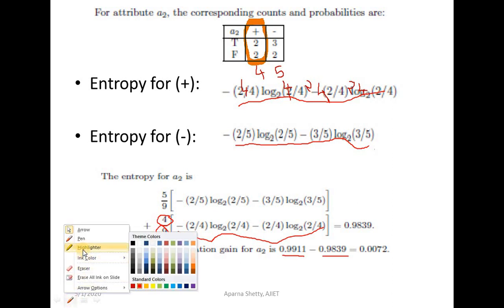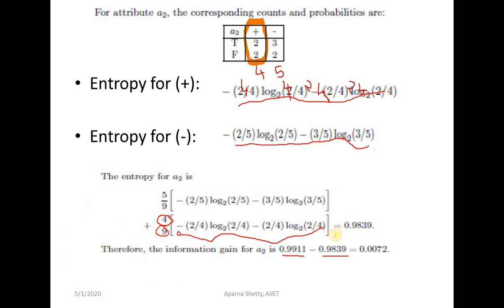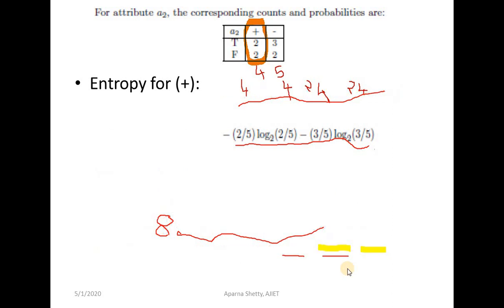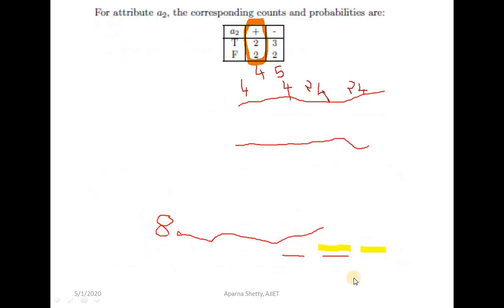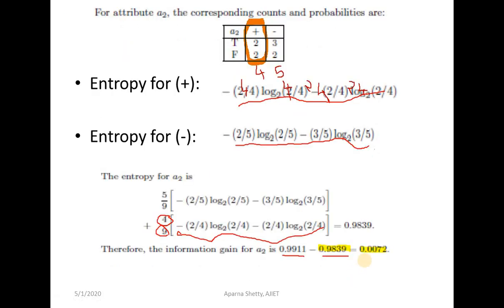So you will get 0.0072. This is the information gain with respect to A2. For A1 we got the information gain as 0.2294, and for A2 we are getting the information gain as 0.0072.